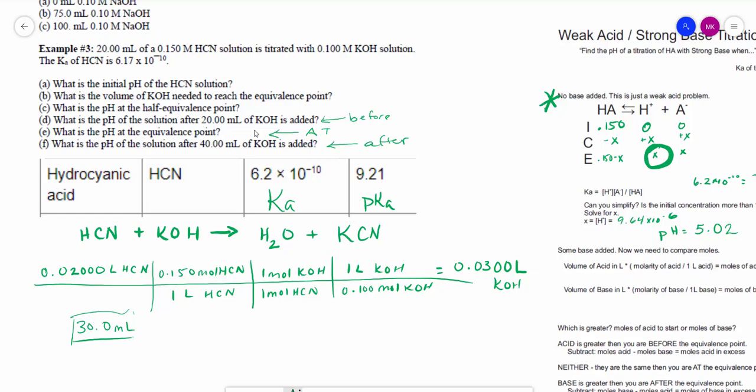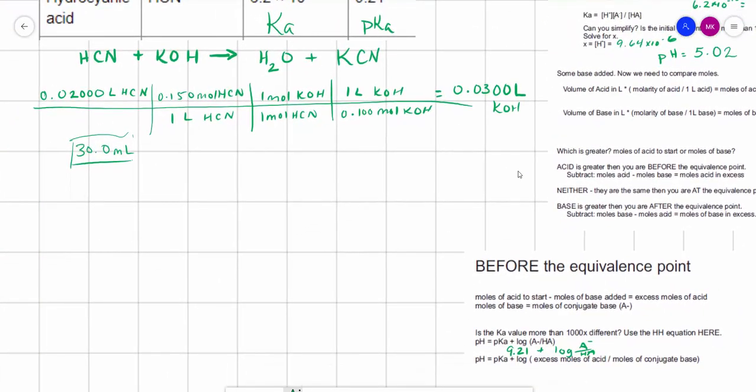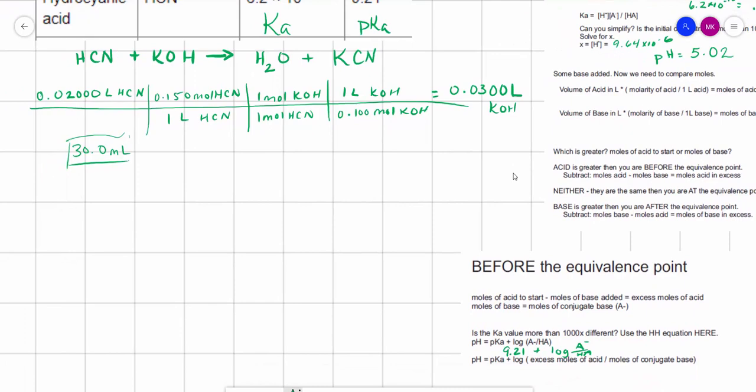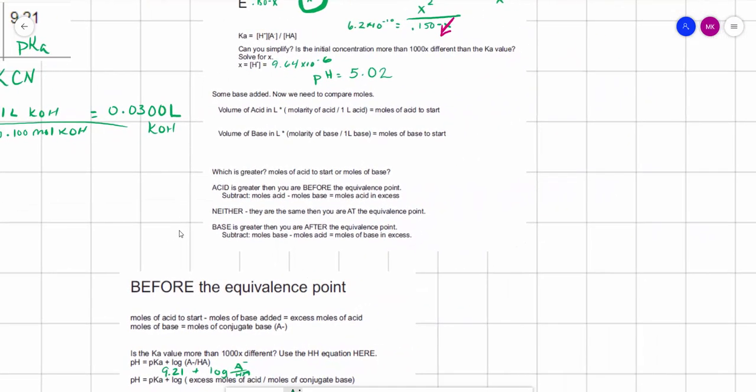So let's do C now. What is the pH at the half equivalence point? Well, the half equivalence point is where we've neutralized half of the moles, or we've used half of the amount of base needed for the equivalence point, so 15 milliliters.